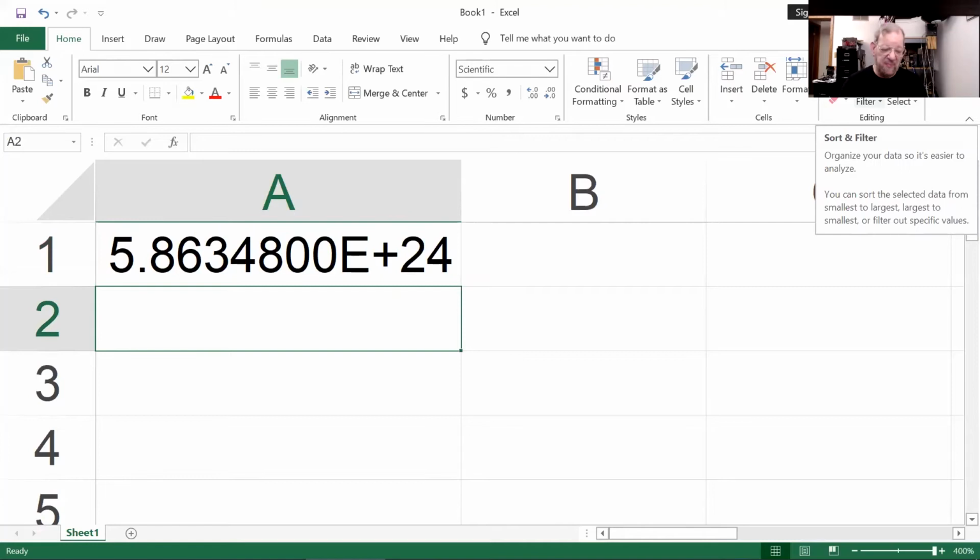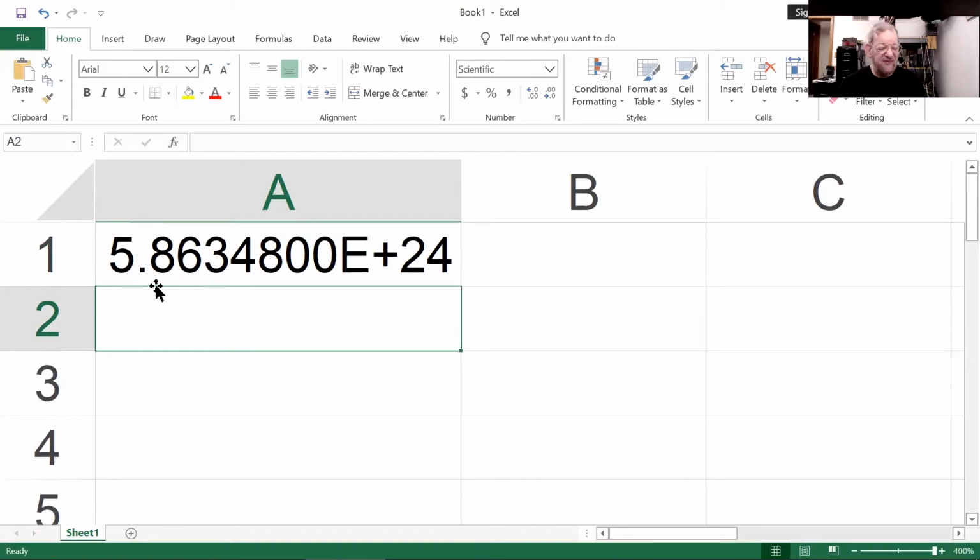Now, 9.74 was 3 significant figures, and Avogadro's number, 6.02 times 10 to the 23rd, 602, is 3. I'll let you round that off to 3 significant figures. Go. Time's up.